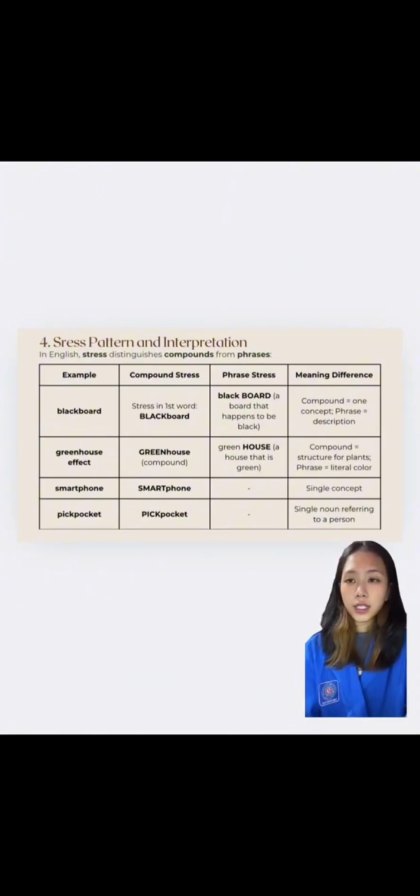In English, stress placement affects interpretation. Blackboard as a compound means a teaching tool, while blackboard as a process simply means a board that is black. Stress helps us distinguish between a lexical compound and a descriptive process.